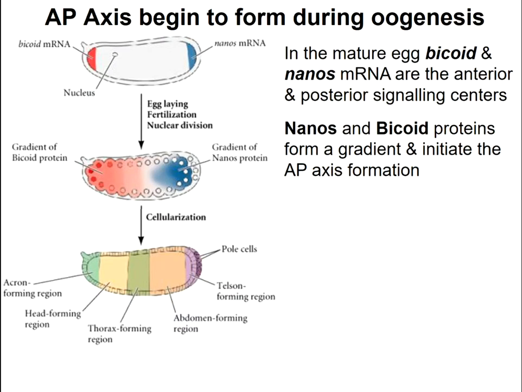After fertilization, so when the egg is fertilized and then released from the maternal body, so it is laid, the nucleus of the zygote starts to divide, and the different nuclei actually do not divide the cytoplasm. In fact, they share the same cytoplasm and they migrate all around the periphery of the embryo.